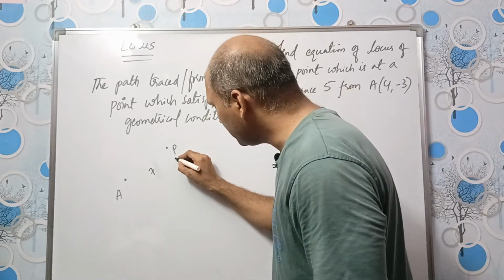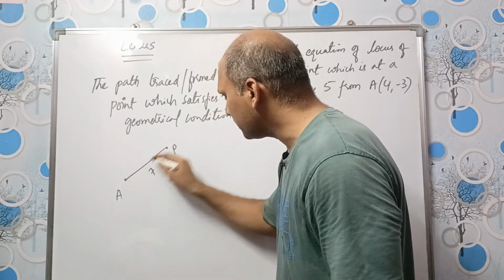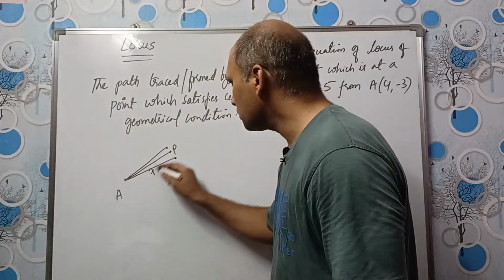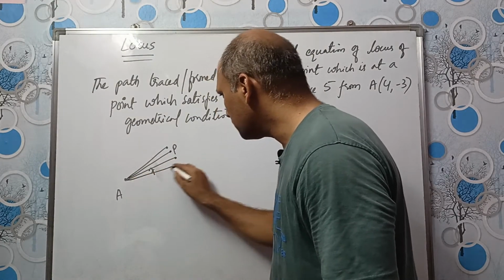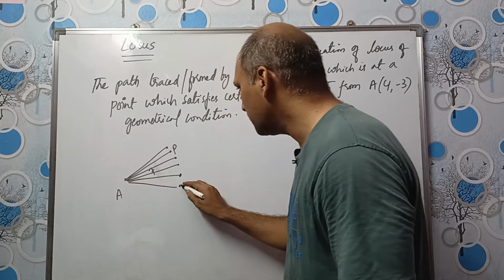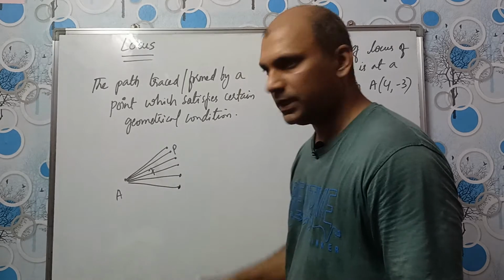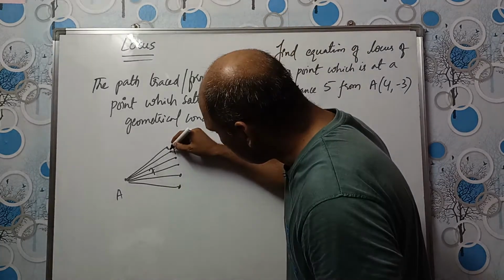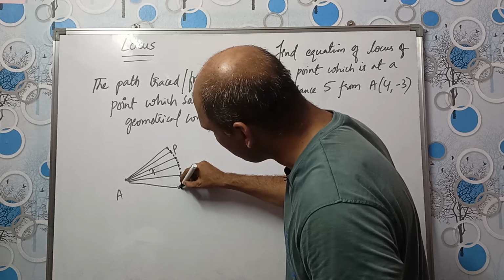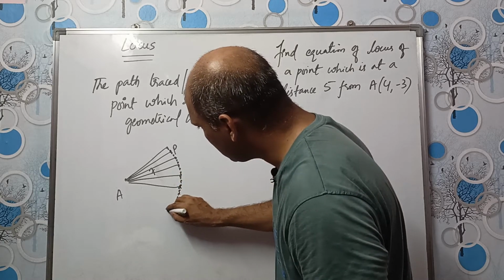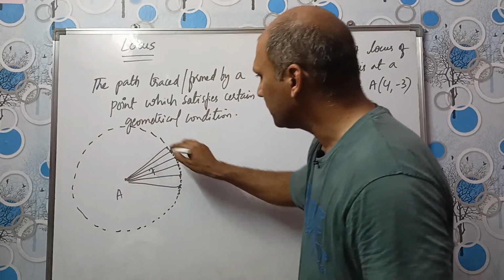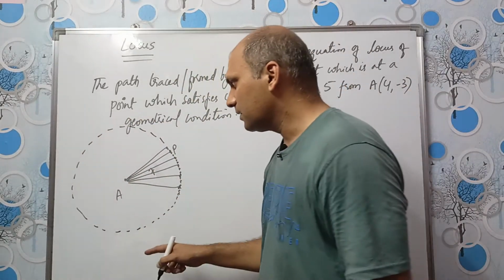We'll have a point here also. If this is 7, this is also 7, this point will also be 7, this point will also be equal to 7 units away from this point, right? So all these points will be 7 units away from A.